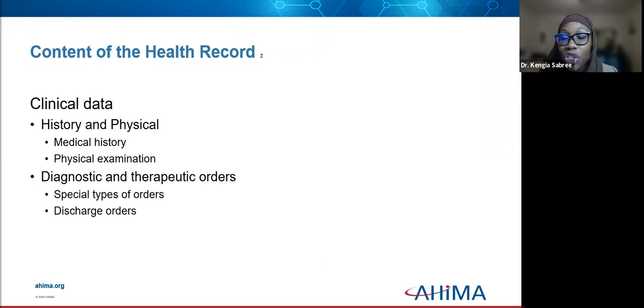So orders for tests and services must demonstrate the medical necessity and explain the reason for the order. This explanation is required because payers may not reimburse the facility if the reason for the test or treatment isn't properly documented. Okay, so the legibility of the orders is important to ensure that they are clearly understood by the personnel who must carry them out.